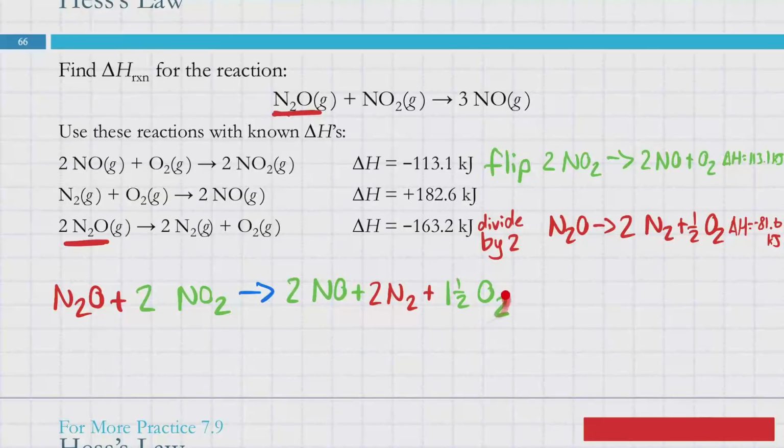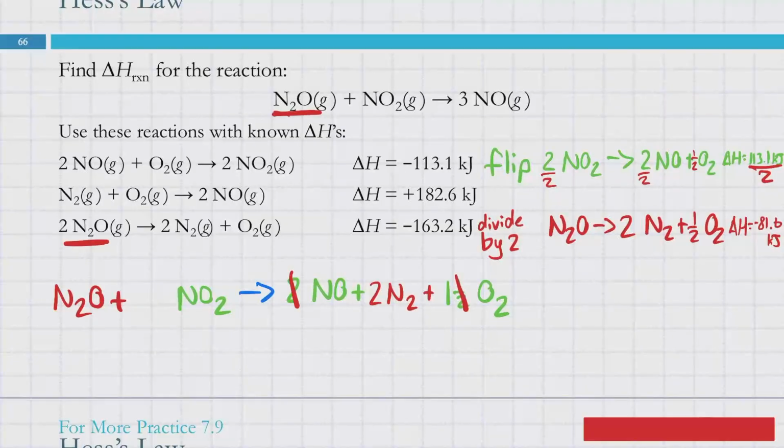So we have to reduce the amount of O2 that we have, and what we can do as a second step, we have to divide this by 2. So we also have to divide it by 2. And that changes some things. We're also going to divide that delta H by 2.